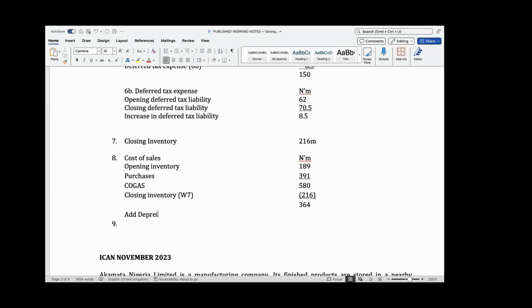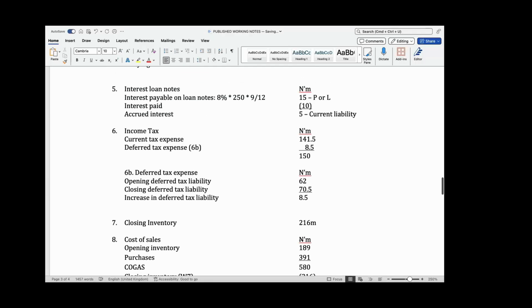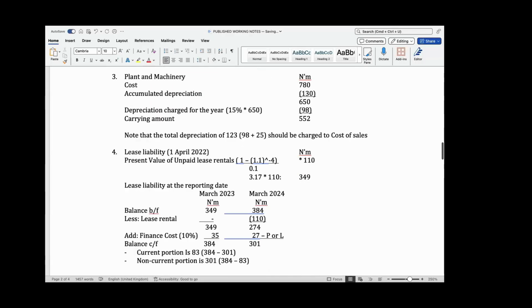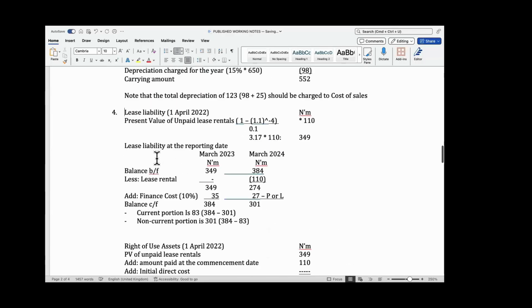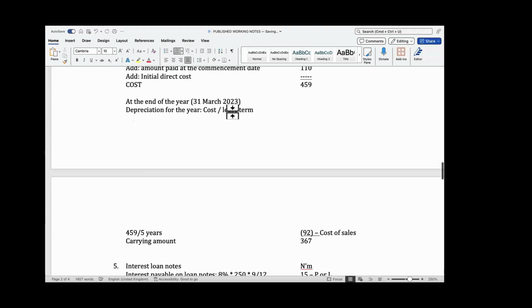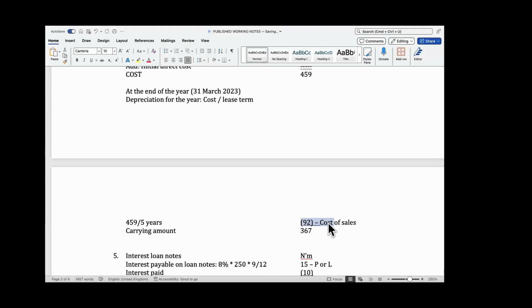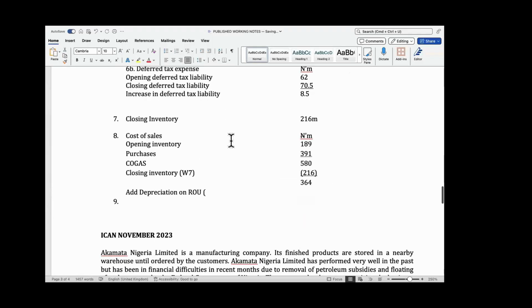Then you add depreciation on ROU, right of use assets, from workings 4. This one is 92. That goes to cost of sales.